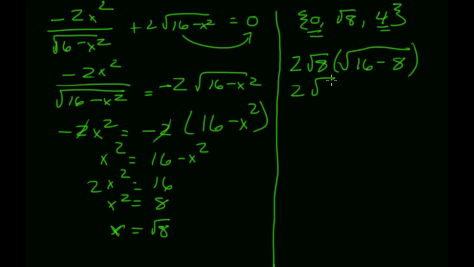So this gives me 2 times the square root of 8 times the square root of 8, that's just 16. So my maximum occurs when x is the square root of 8, and the maximal area of that rectangle is 16 square units.